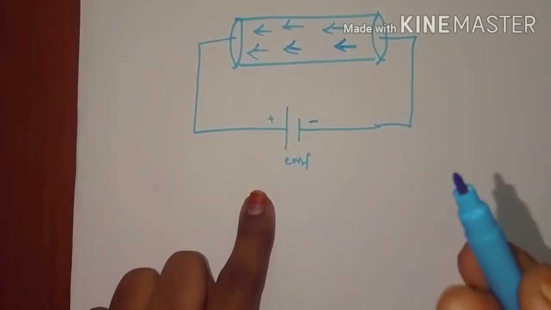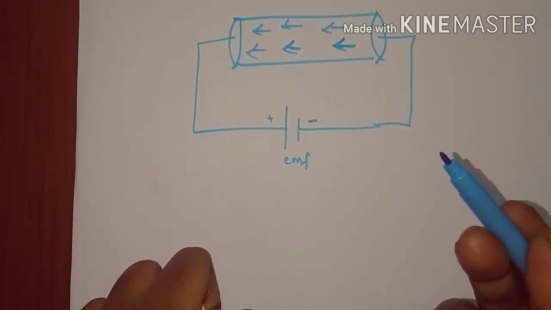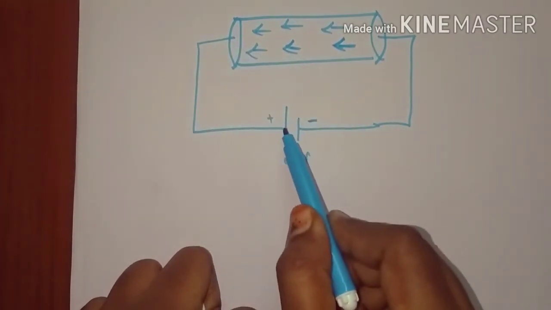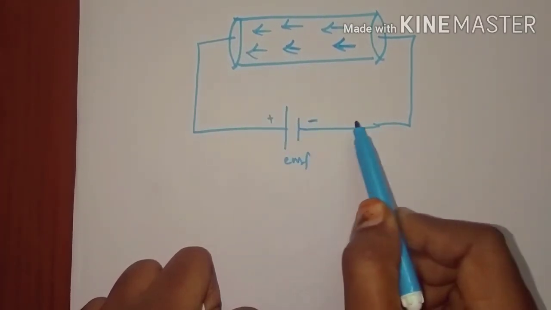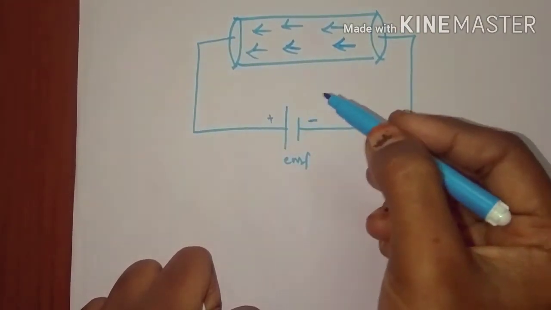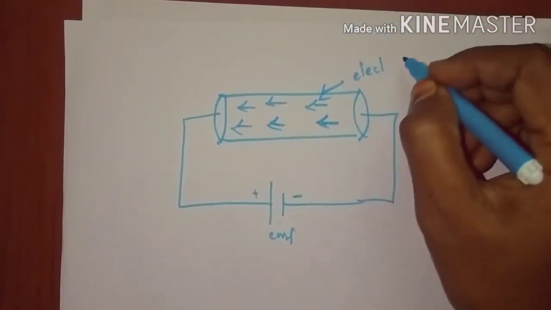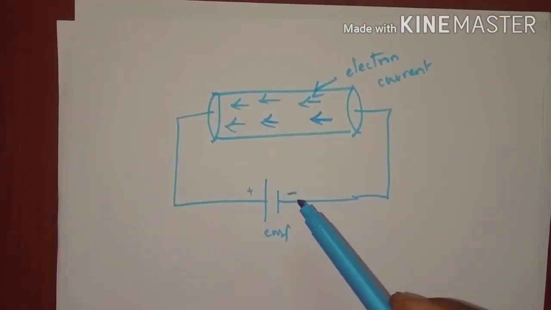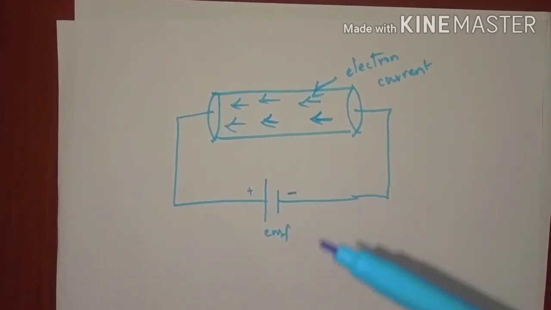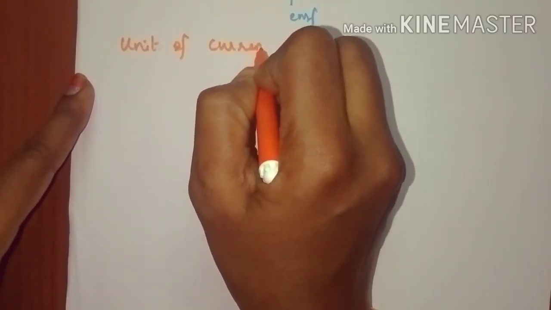Since electrons are negatively charged, they are attracted to oppositely charged particles, which are present in the positive terminal of the battery. So it constitutes a current termed electron current. The electrons move from the negative terminal to the positive terminal once the EMF is given.